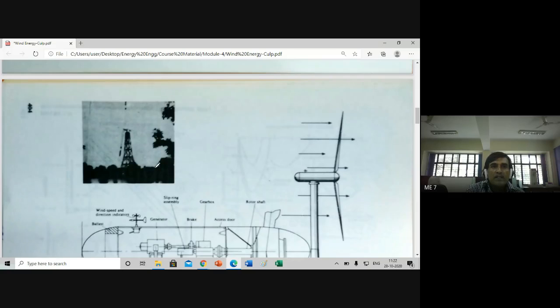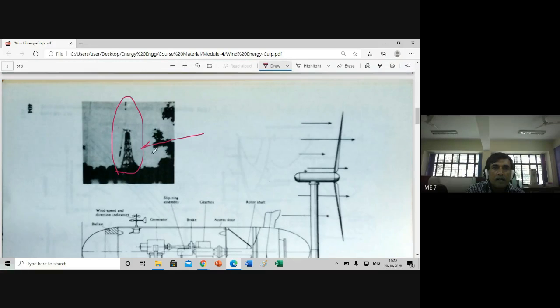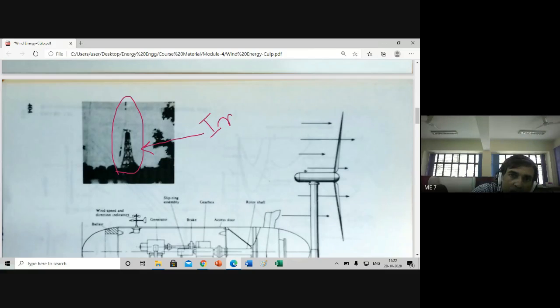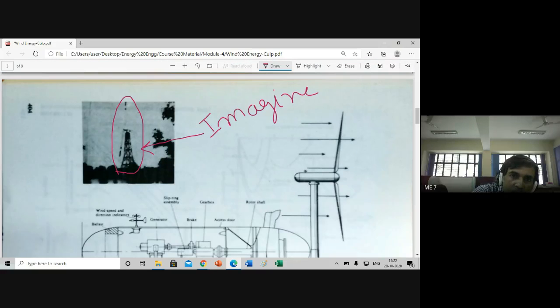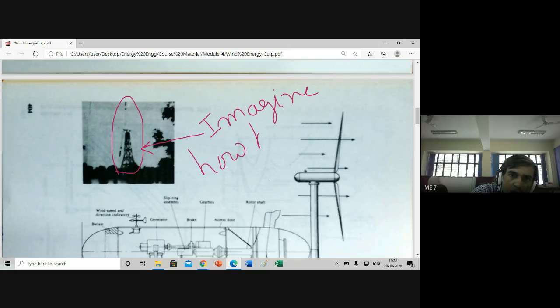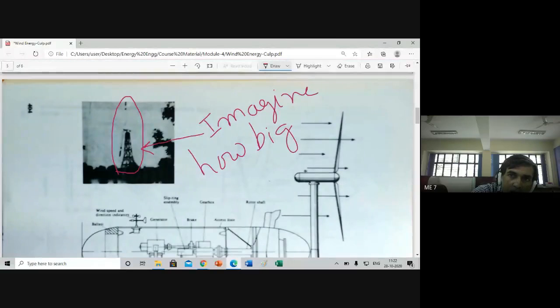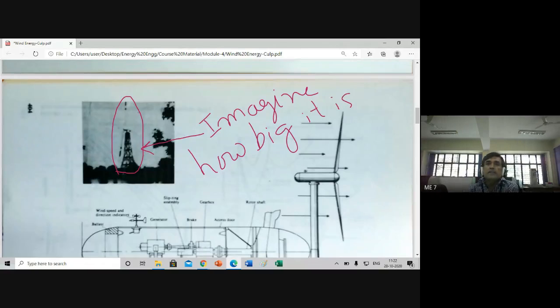You can imagine how big it is. The same thing is given here.